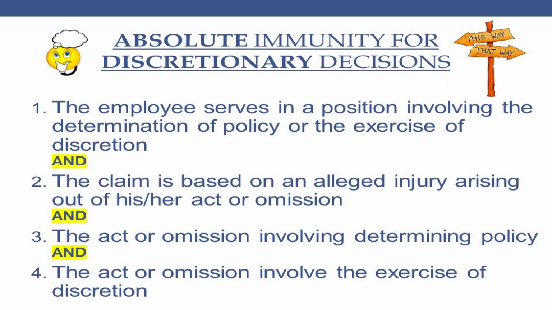What we know is that a public employee or a trustee will be granted Section 2201 immunity when these 4 things are met. The employee serves in a position involving the determination of policy or the exercise of discretion, and the claim is based on an alleged injury arising out of his or her act or omission, and the act or omission involved determining policy, and the act or omission involved the exercise of discretion.